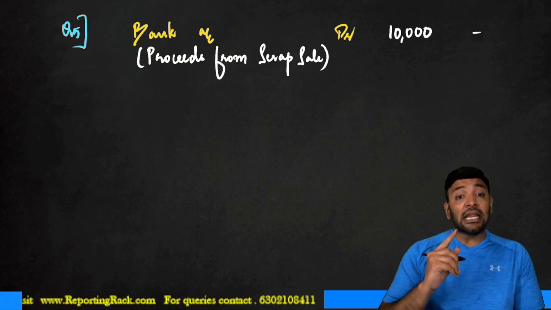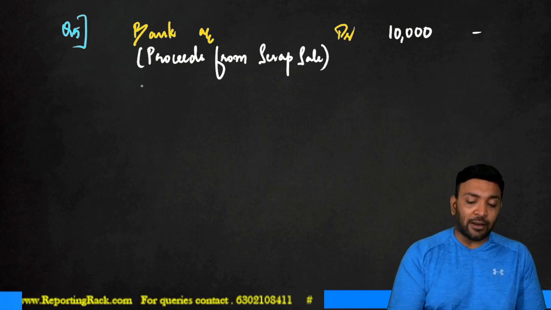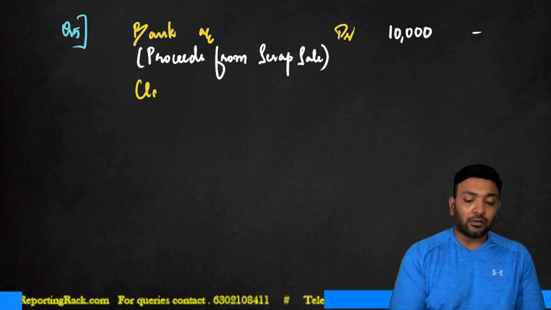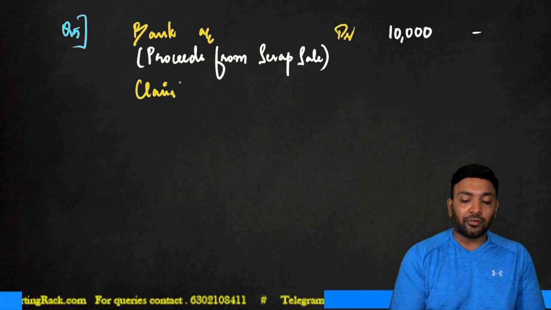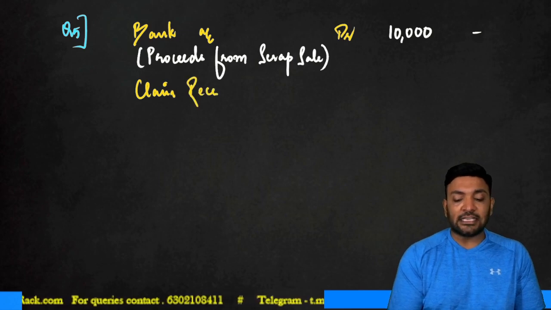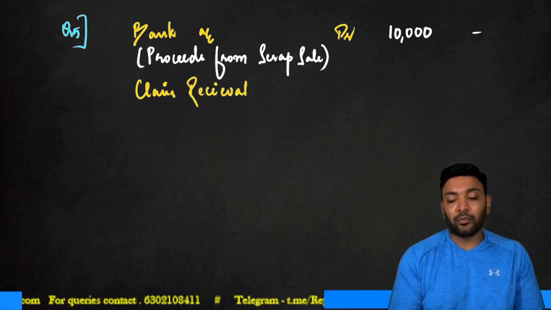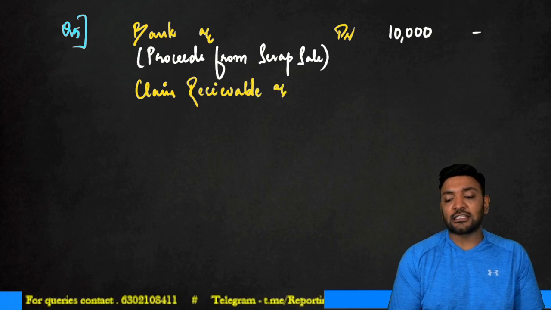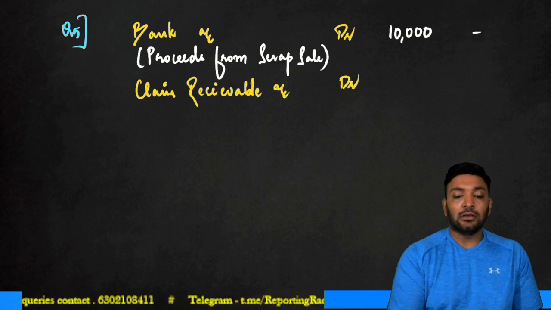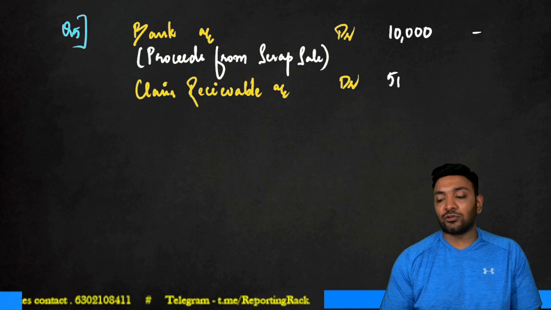But remember, even an insurance claim is receivable. Claim receivable from the insurance company is about 50,000.